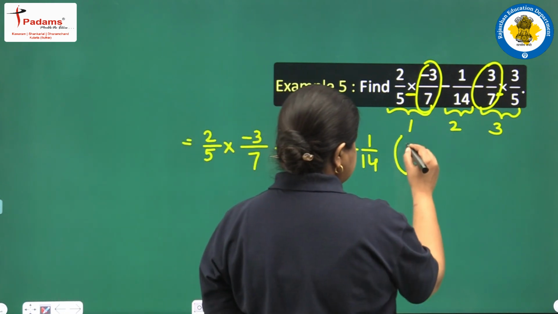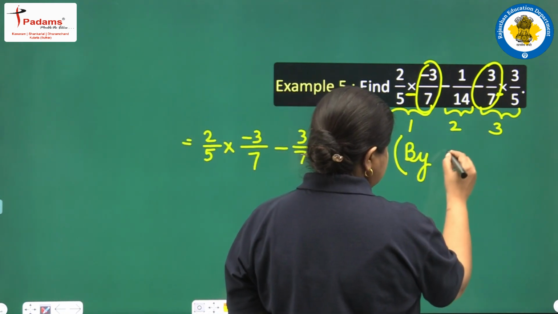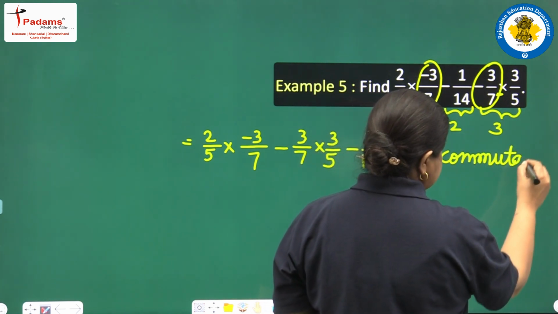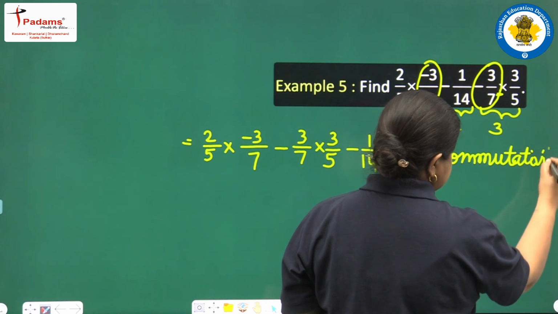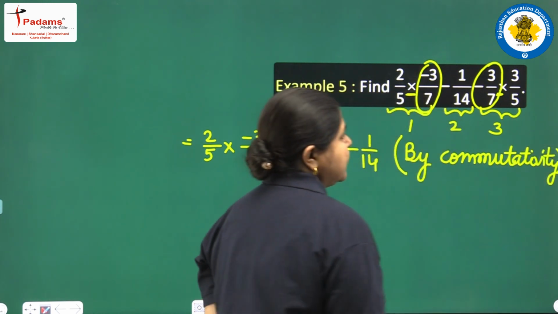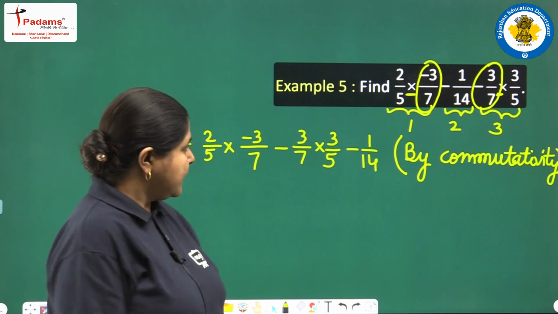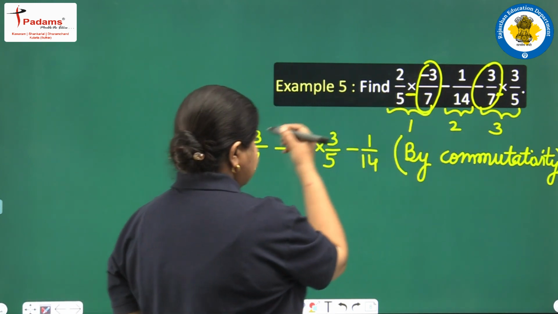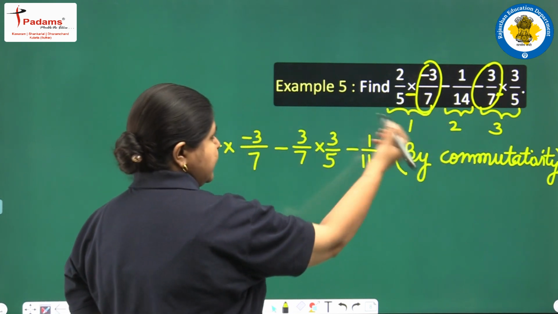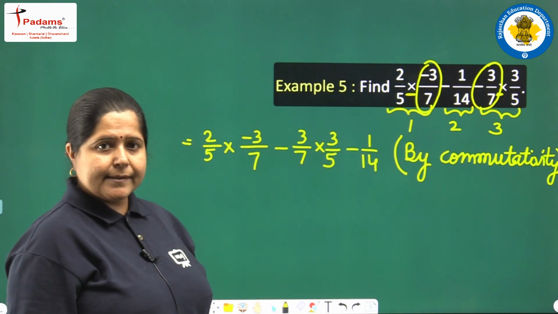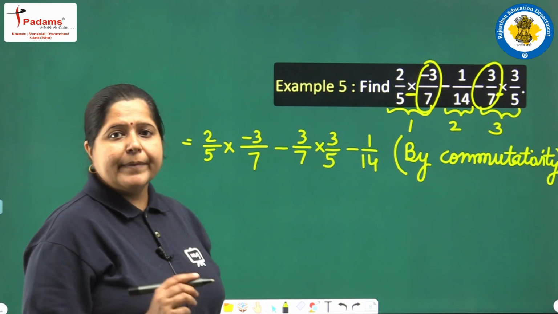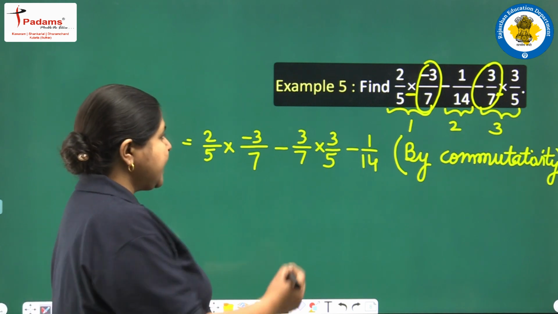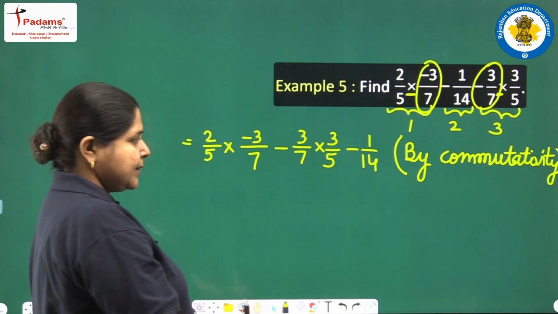While changing the order, we have used the property of commutativity, which says that on changing the order of addition or multiplication, here it is for addition, the answer remains the same. What we have done is regrouping: first term, then third term, and then the second term last. Why have we done so? Because 3 by 7 is common in both those terms. To take it out, we have done this work.